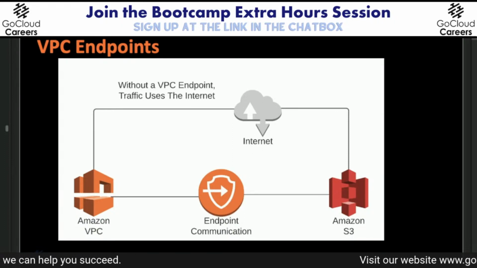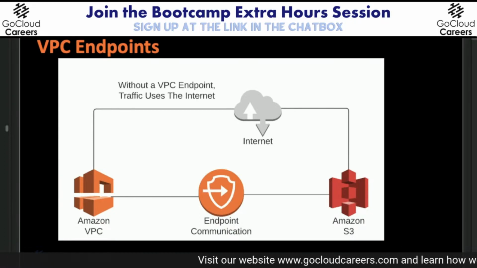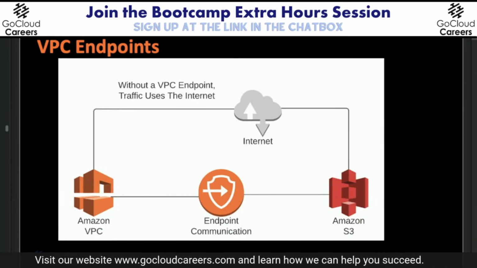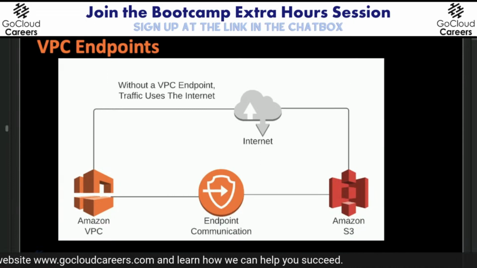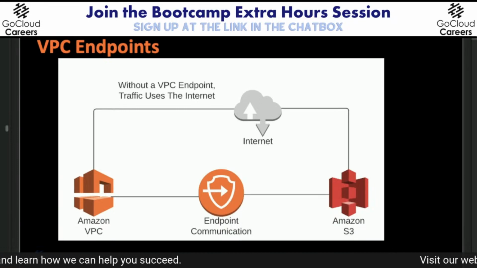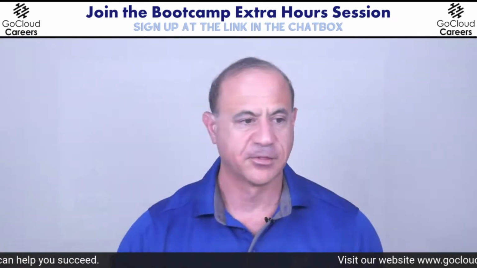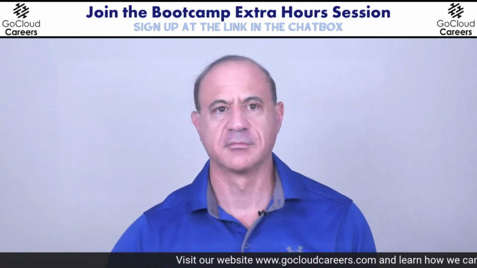Well, actually, it would be encrypted, but you could do that. Or you could just connect across the Amazon network with an endpoint. So with one, you go to the internet, you get all the security nightmares, and you come back from the internet. The other is you ride directly across the Amazon network. So that's what an endpoint's used for.